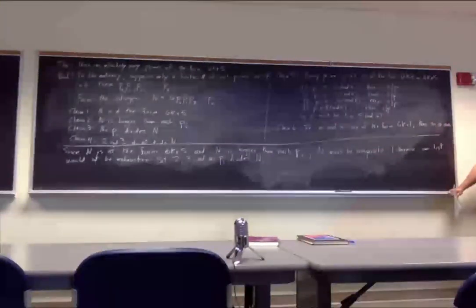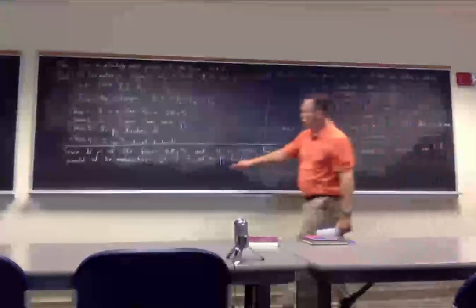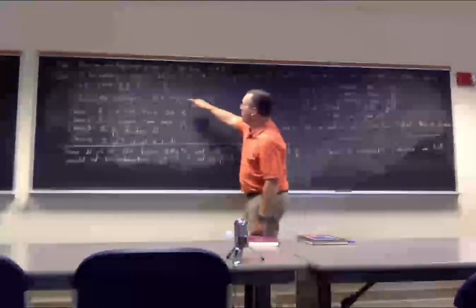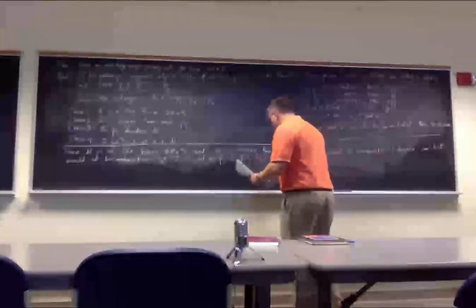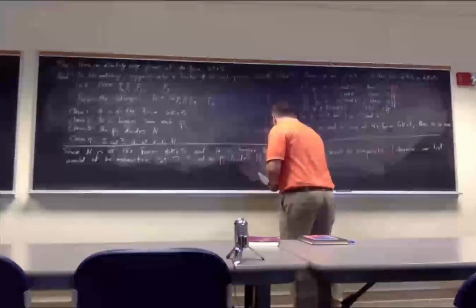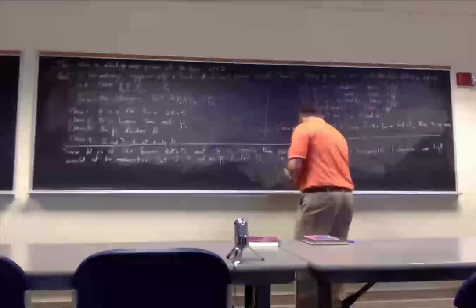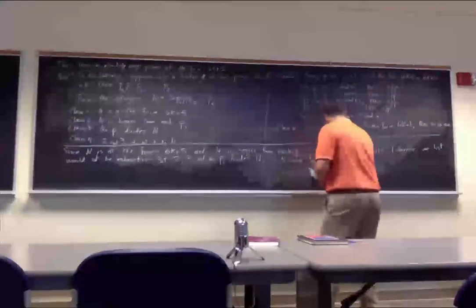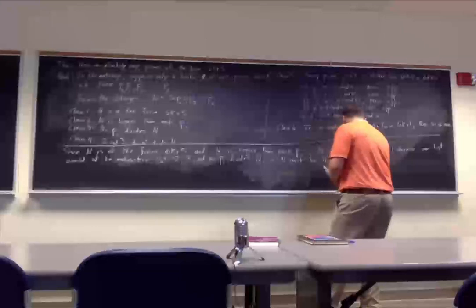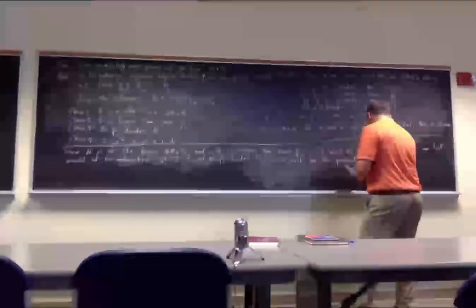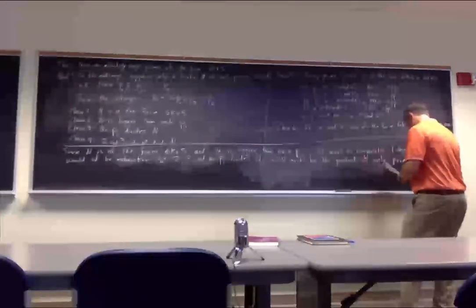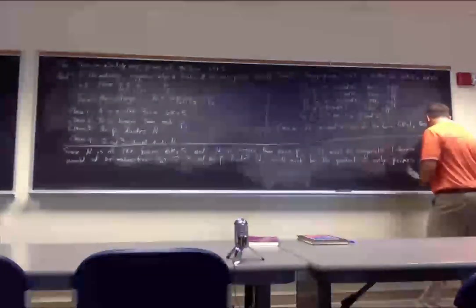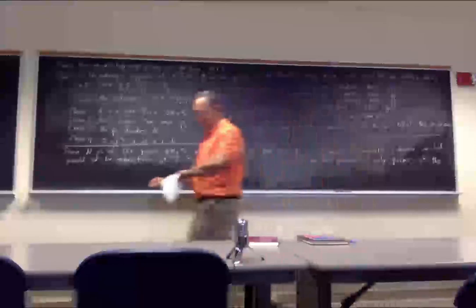So 2 and 3 and none of the primes that are 6k plus 5 divide n. So n must be the product of only primes of the form 6k plus 1.